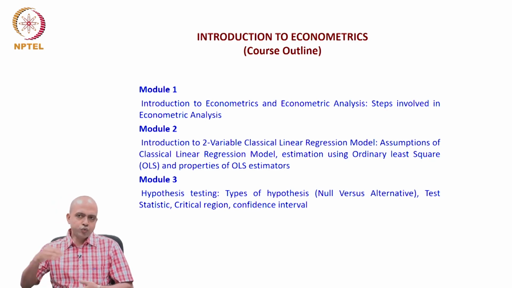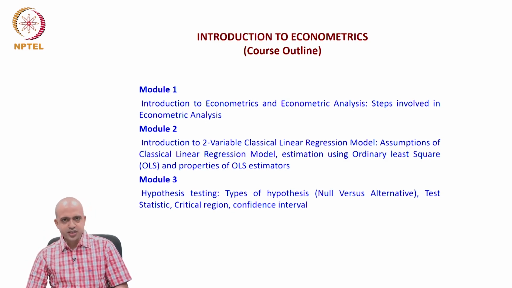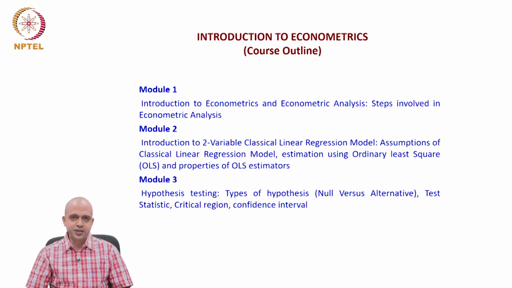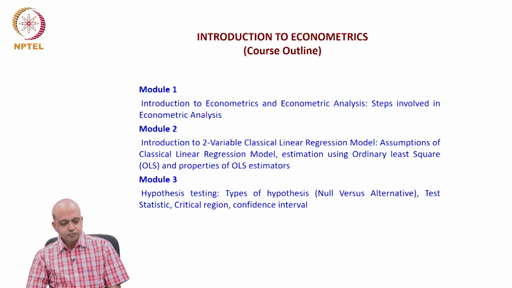So, we will first hypothesize some kind of relationship, then we will try to formulate a mathematical model, then we will try to estimate the relationship, and then we will go for forecasting or policy making. These are the different steps involved in an econometric analysis, and we will discuss each and every step in detail. That is in module 1.